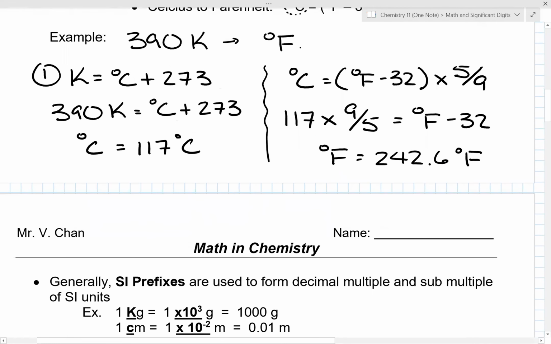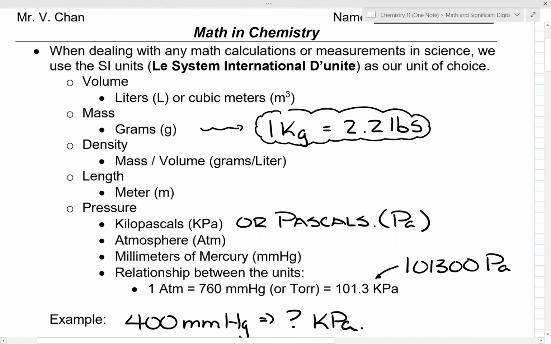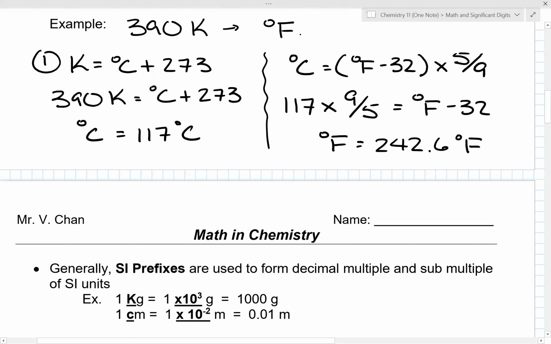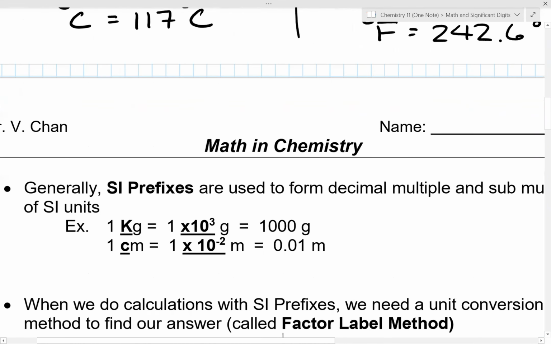Now, to expand volume, mass, density, length, and so on, we use the SI prefixes. The SI prefixes are used to form decimal multiples and submultiples of SI units. So I've given you 2 examples here, like 1 kilogram.